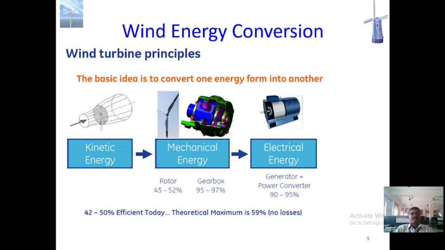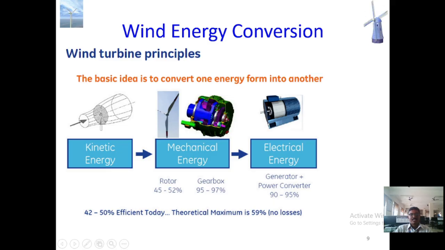This is the wind energy conversion, the wind turbine working principle. First we receive the kinetic energy through the wind. That kinetic energy is converted into mechanical energy in the wind turbine.